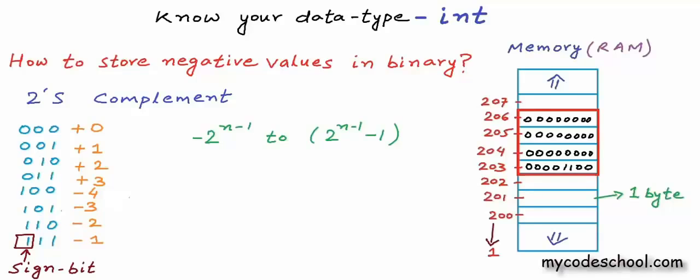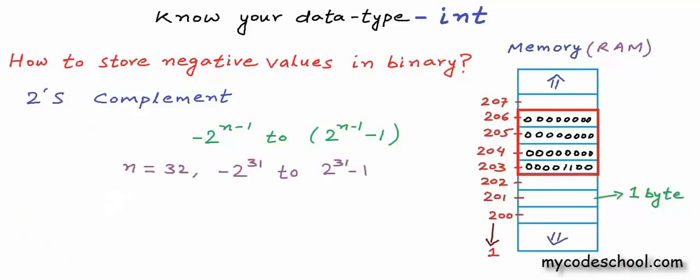Now, with a given number of bits, we can only have values in a certain range. For example, if n is 3, then with this encoding mechanism we can have values from -4 to 3. So if the result of an arithmetic operation is not lying within this range, we'll get an incorrect output because of an overflow or something else.